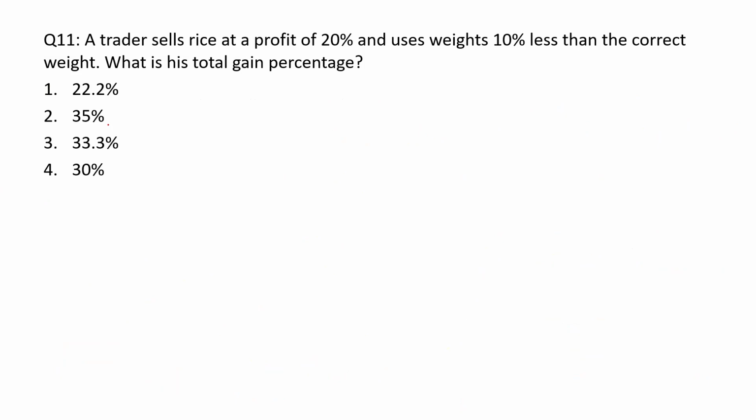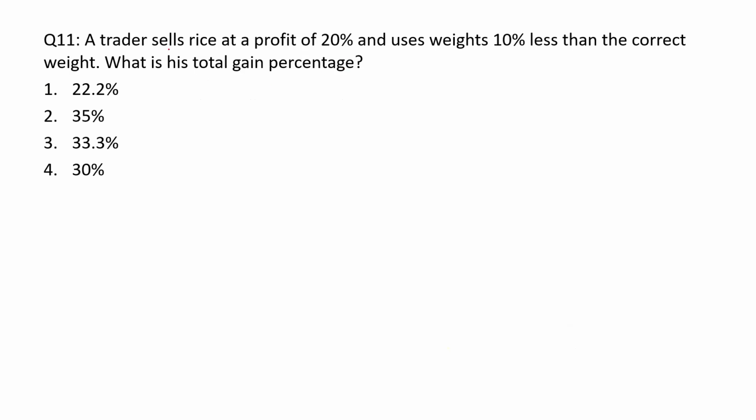Next problem. A trader sells rice at a profit of 20% and uses weights 10% less than the correct weight. What is his total gain percentage? Again, if a problem is not clear at first glance, read it again.